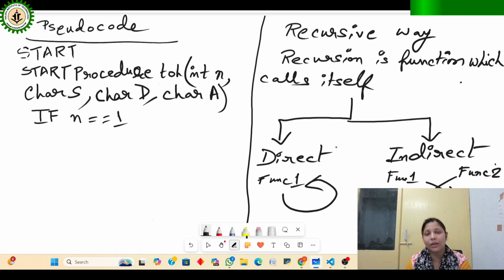But there are certain things, like a loop, that can get infinite. In the case of recursion, as the function is calling itself again and again continuously, it may get to some infinite state. So to avoid that, we need to have some terminating state. That terminating state is called the base case.